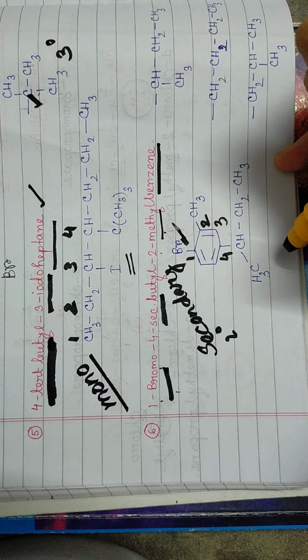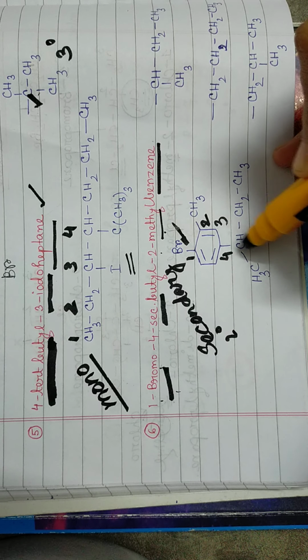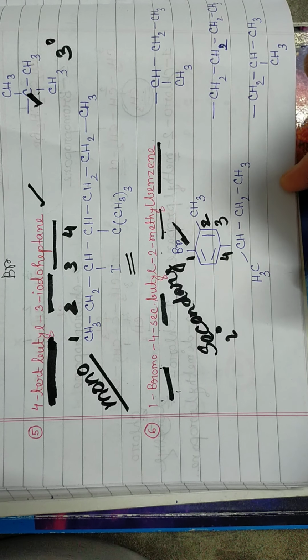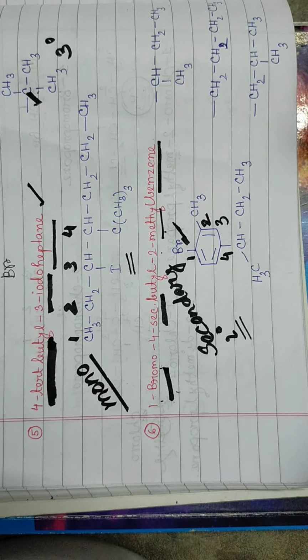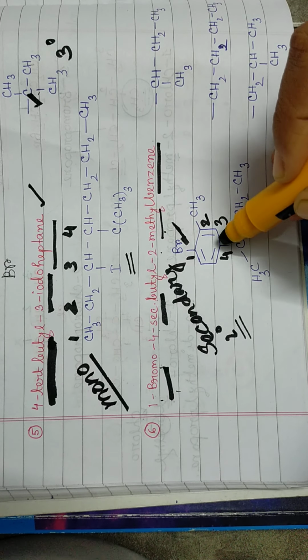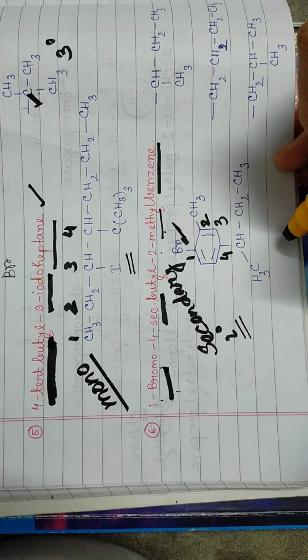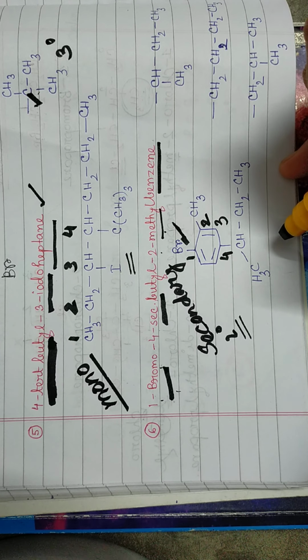Now the question is, where the sec-butyl group is, the position number is 4, but how will the group look? Since it is secondary, obviously the bonding will be with a carbon that is 2 degree.